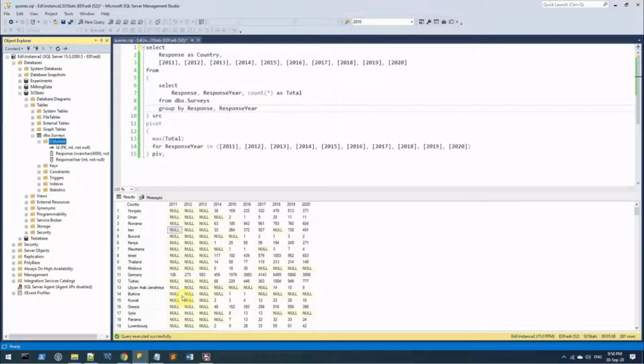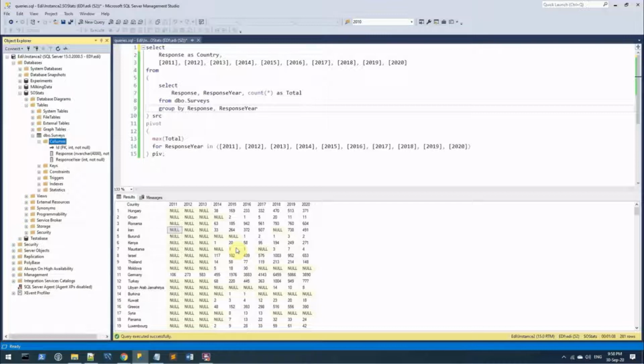And prior to writing this query, which we can see now, I created this small table called surveys, and I stored in it all of the results from all of the surveys, and I stored only the country or region, and of course the associated year of the surveys.